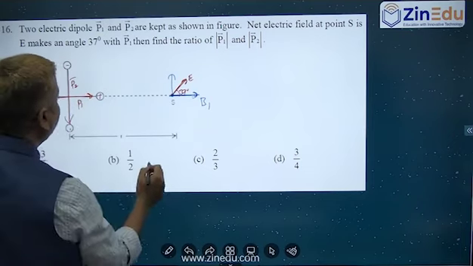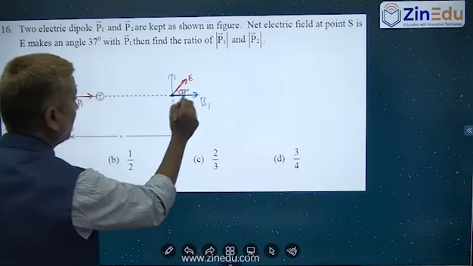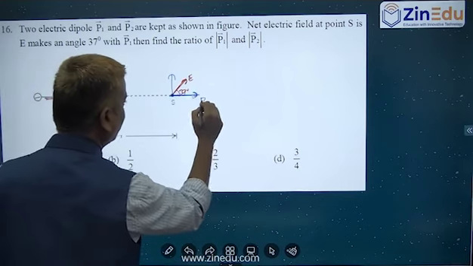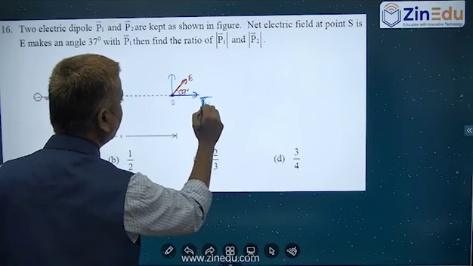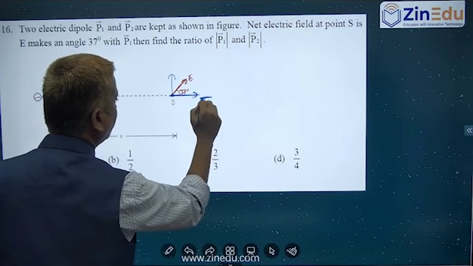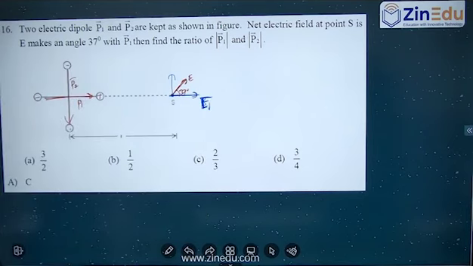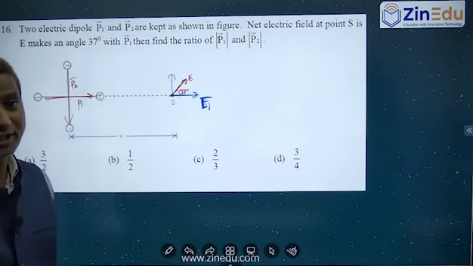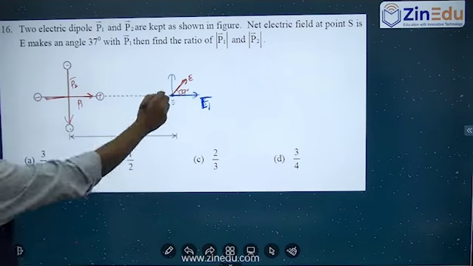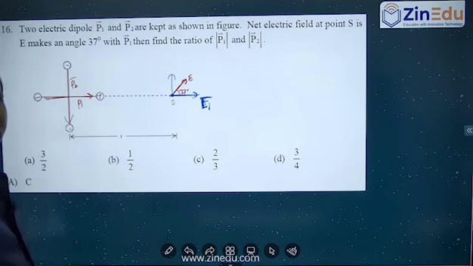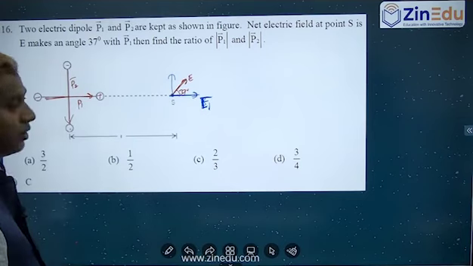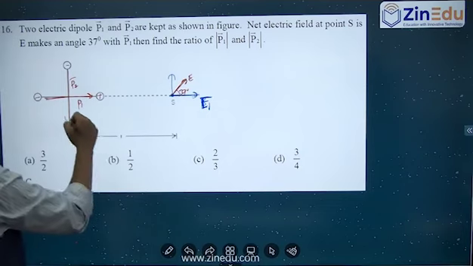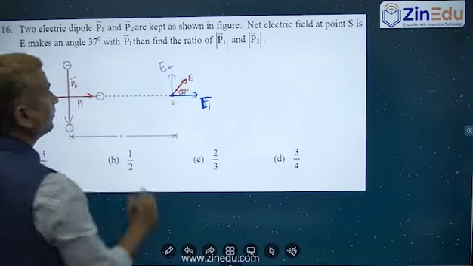This point is on the axial line of the first dipole, so the electric field is in the same direction as P1 bar. And this point is on the perpendicular bisector of dipole P2, so the electric field will be opposite to P2, so this will be E2.